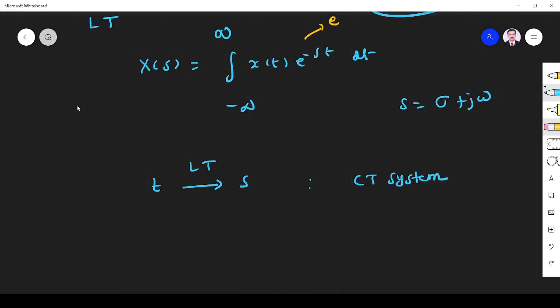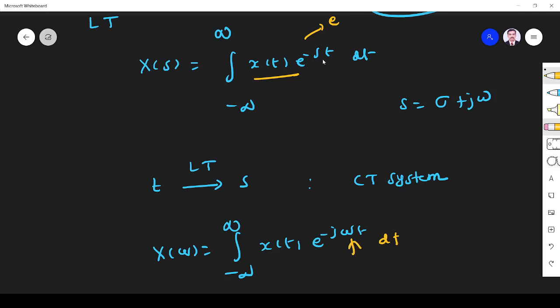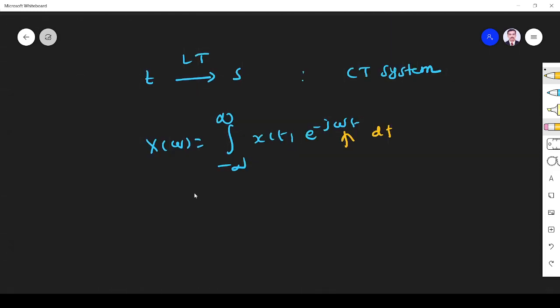If you compare the Laplace and Fourier transform equations, the Fourier transform is the integral from minus infinity to plus infinity of x of t e power minus j omega t. When you compare, everything is the same except one thing: instead of s we have j omega. So in the Laplace transform, if you substitute s is equal to j omega, you will get the Fourier transform, right?